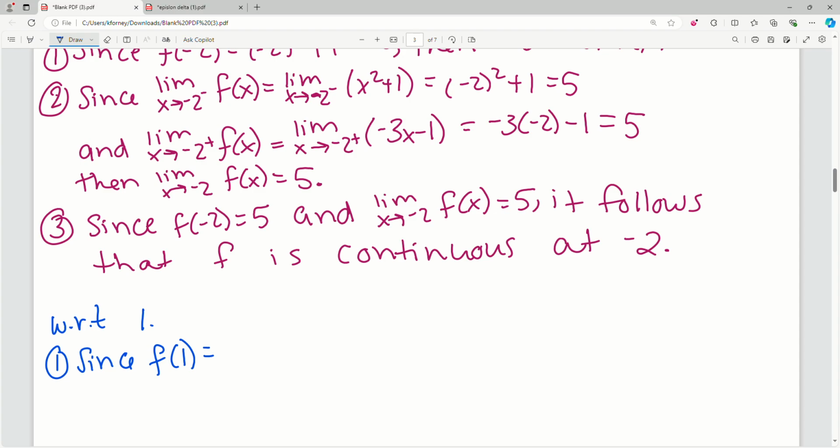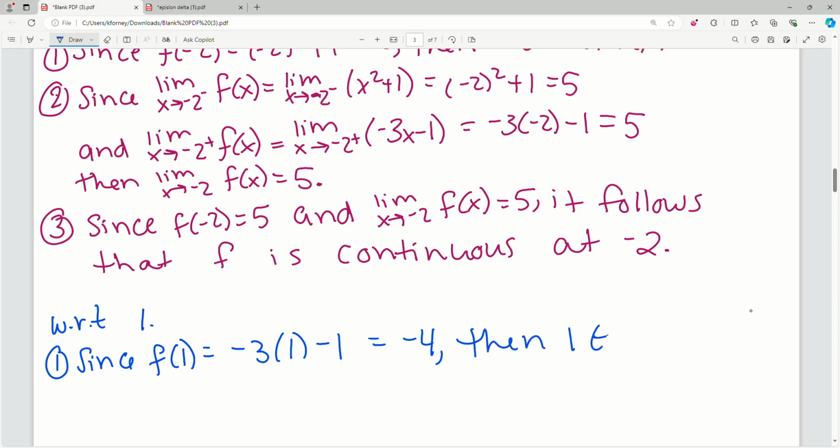So, to tell if it's continuous at 1, we say, what is f of 1? Which piece of the function are we going to use for 1? The middle. So that's negative 3 times 1 minus 1, which gives us negative 4.